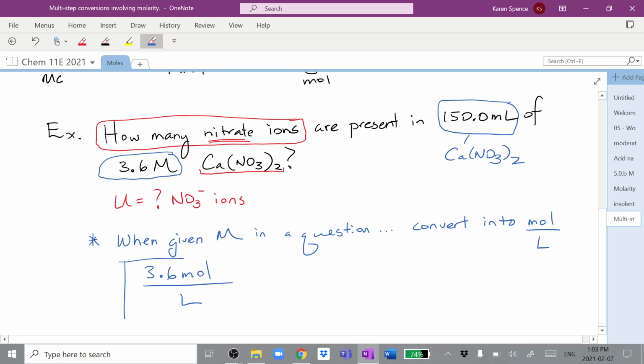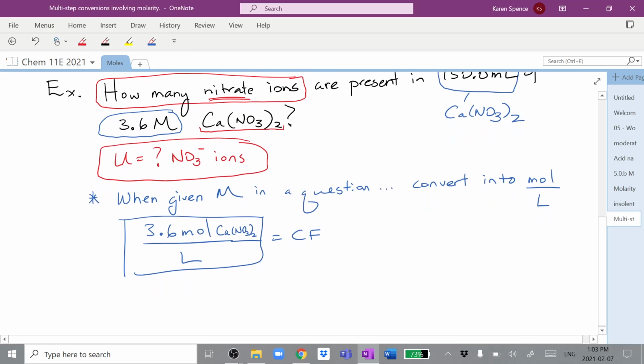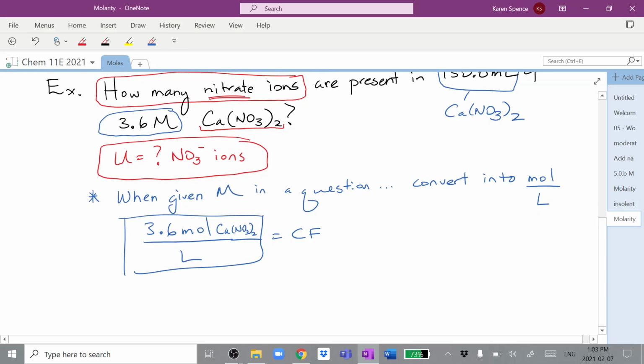And now that we have it written that way, it becomes quite clear that that's not our initial quantity, that is a conversion factor. So we have our unknown nitrate ions. That's our conversion factor, and because I've got two substances, I should really be very careful about saying I have 3.6 moles of Ca(NO3)2 per liter. I don't have 3.6 moles of nitrate per liter. I have 3.6 moles of calcium nitrate per liter. Be specific, because at some point you need to change from one of the substances to the other.